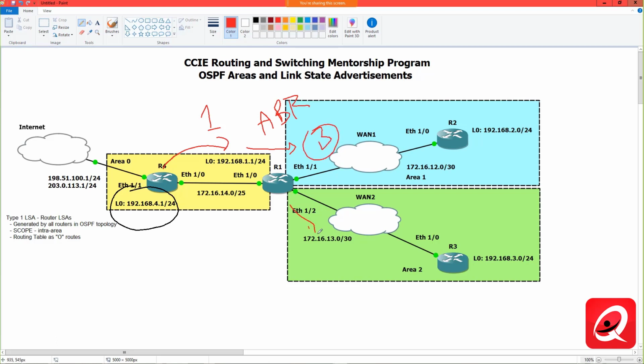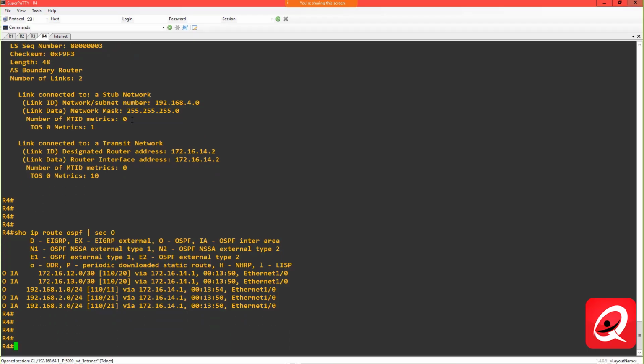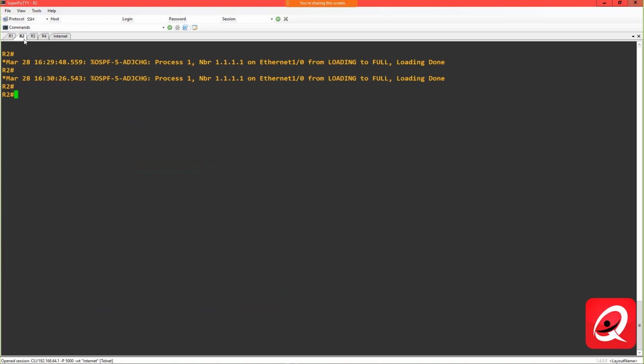So I should see in area 2 and area 1, the 192.168.4.0 network showing up in router 2 and router 3 as an O IA route, and I should see that in the database in router 2 and router 3 as a summary LSA. So let's go to router 2 and just verify that we're receiving that. Show IP OSPF database.